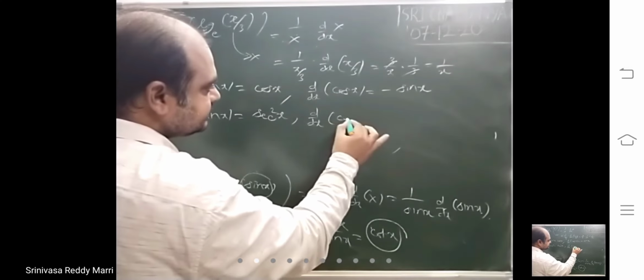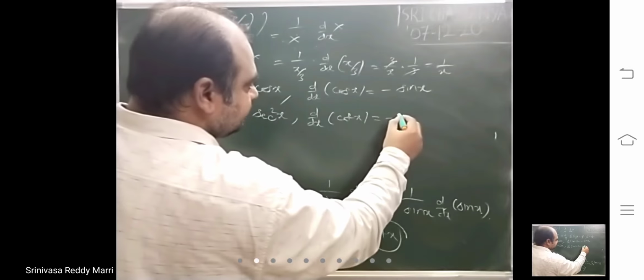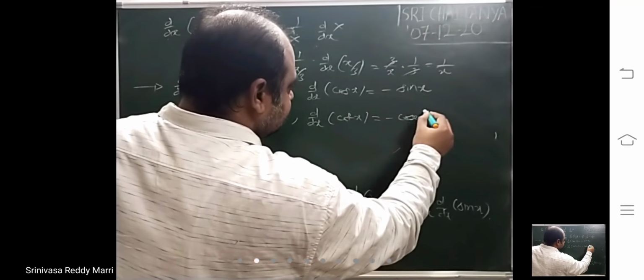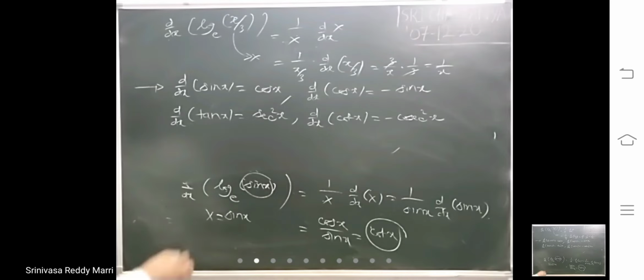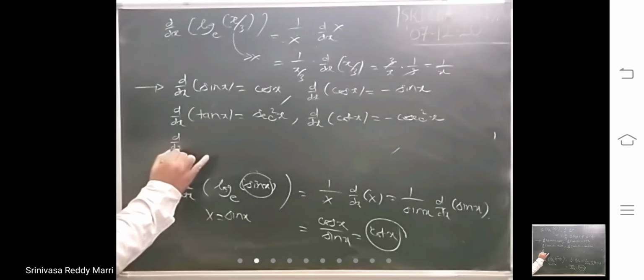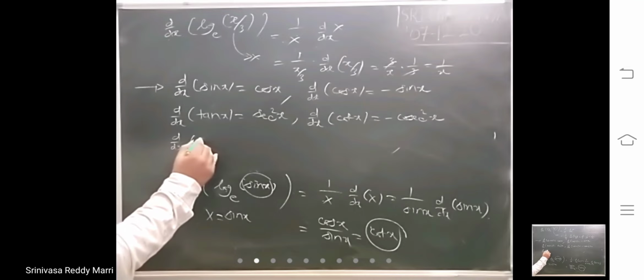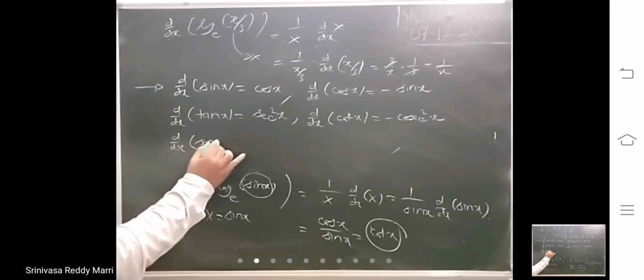D by dx of cot x is minus cosecant square x.